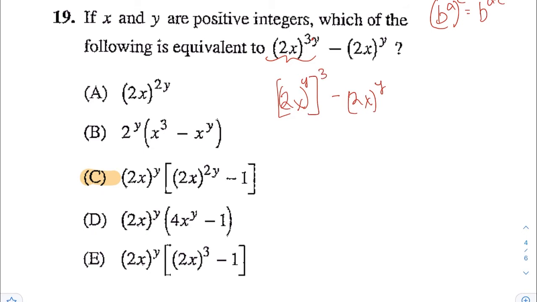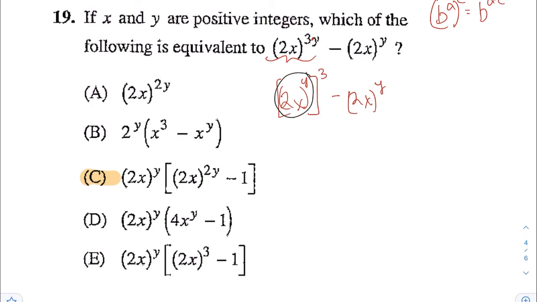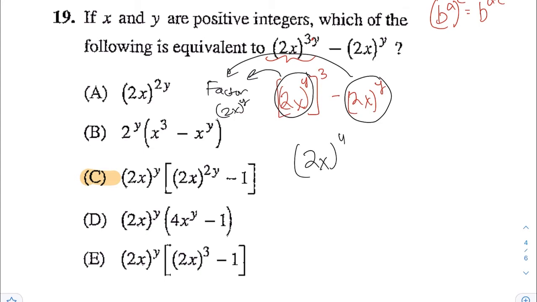So you can factor out 2x raised to the y, which is this piece. So that will give you 2x raised to the y, in parentheses, but instead of cubed, it would be squared.